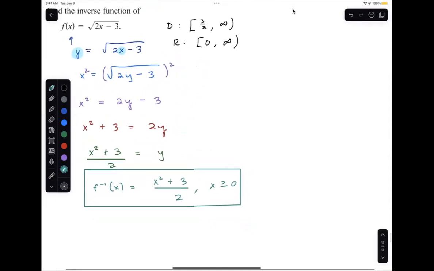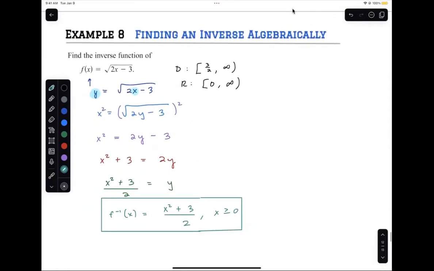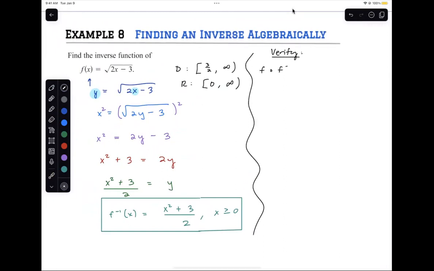So to go ahead and verify, I'm going to do this direction first. So that's going to be f of x squared plus 3 over 2.